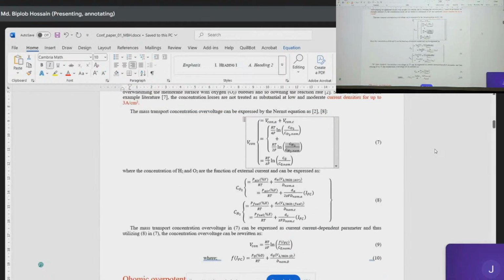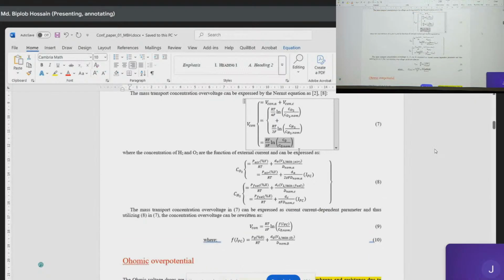Similarly, combined, we can write these two sections in one equation this way. So here the concentrations of oxygen and hydrogen can be written in a broad sense. We can see that the concentrations of hydrogen or oxygen are both dependent on the current going through the external circuit from the fuel cell.